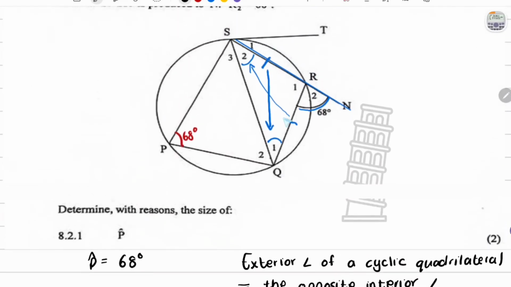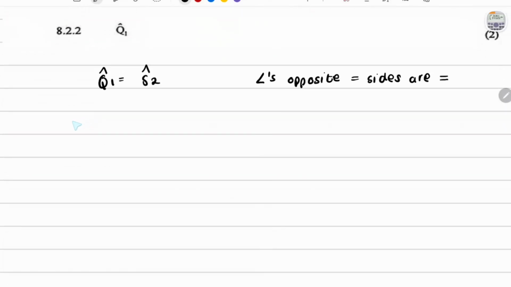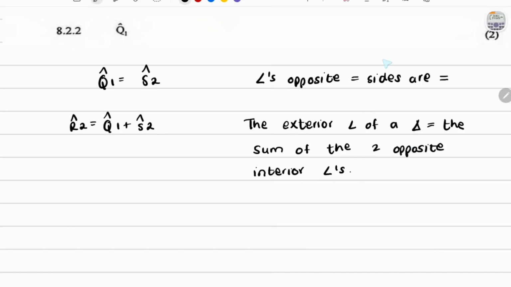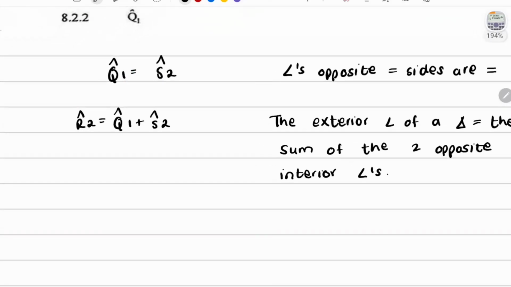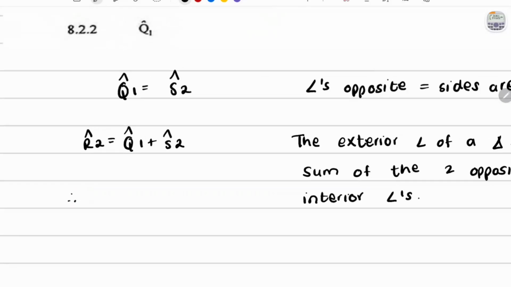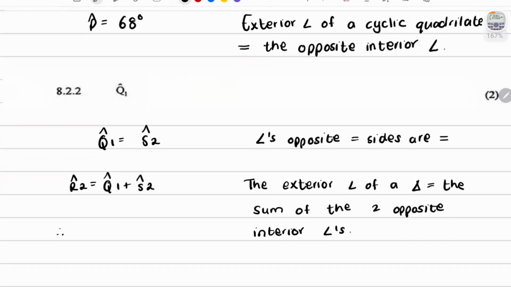Now that we know that, we can tell them that because this is an exterior angle, angle R2 is equal to angle Q1 plus angle S2, because of the exterior angle of a triangle. So there's our reason. Do you remember that we said angle Q1 and angle S2 are equal? In this equation, I know angle R2 is already equal to 68 degrees, so I'll replace it.